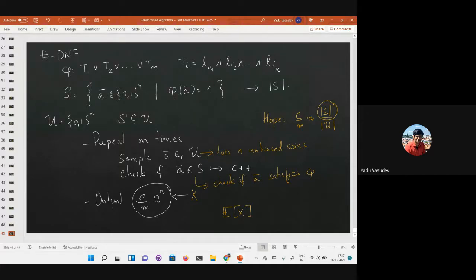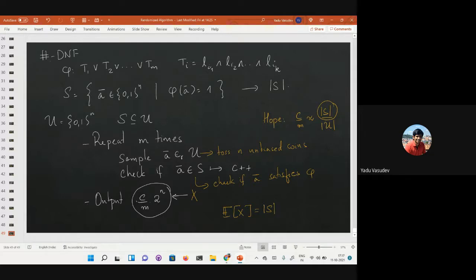What is the expected value of x? The expected value of x is basically the size of S, right? So why is that?